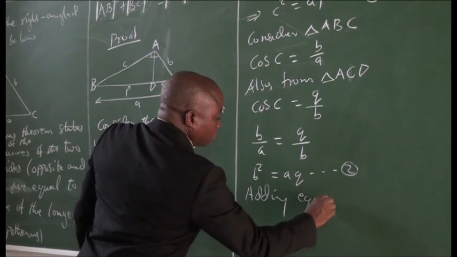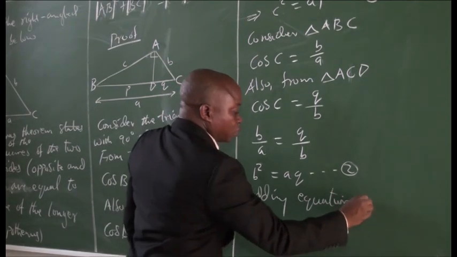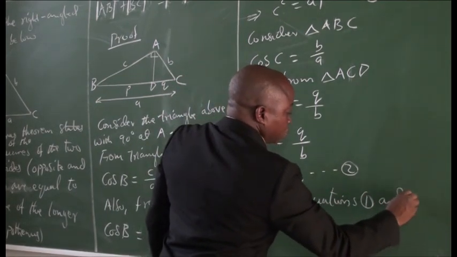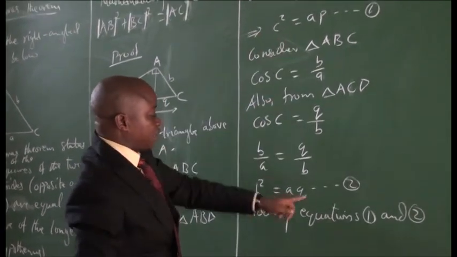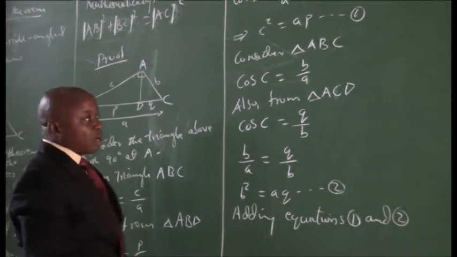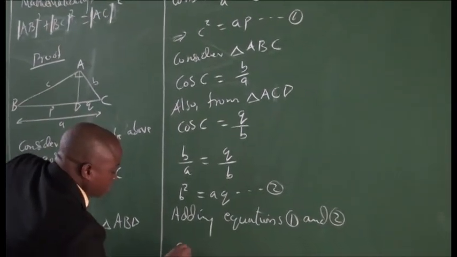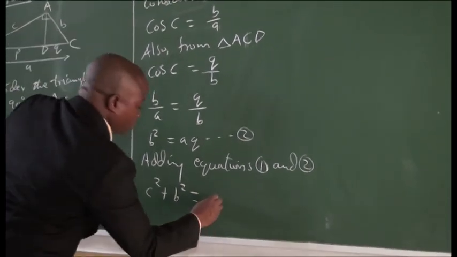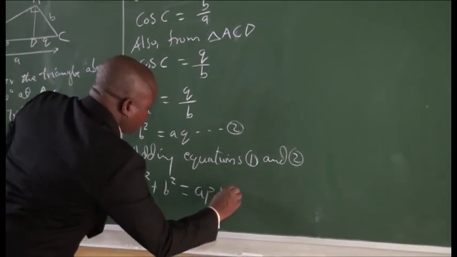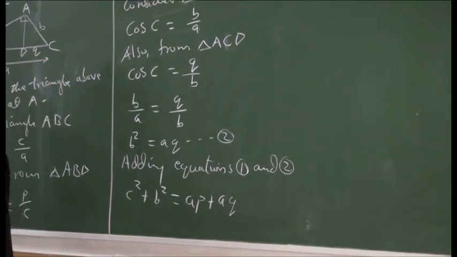Now, adding equations 1 and 2. See equation 1 here, and this is 2. We'll have that C square plus B square will be equal to AP plus AQ, right?